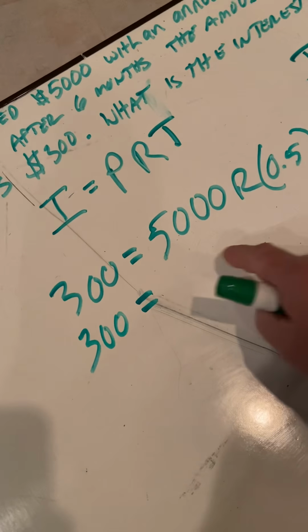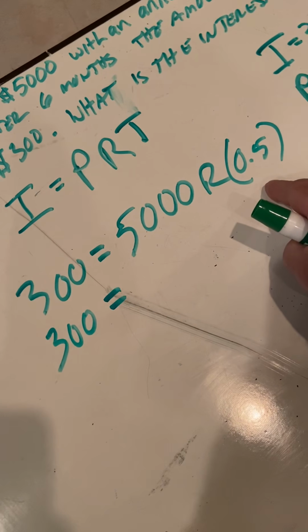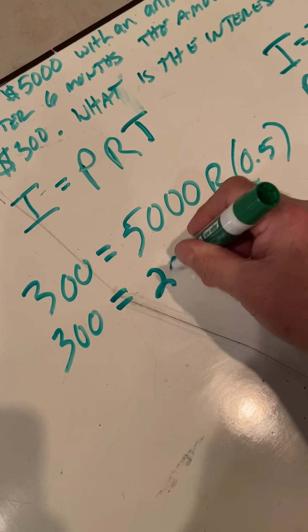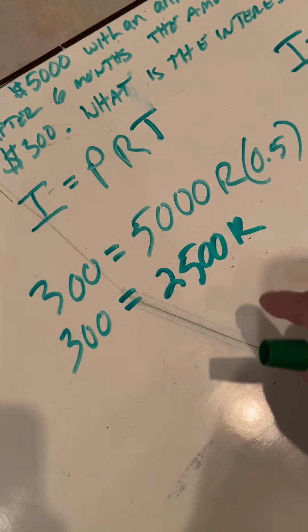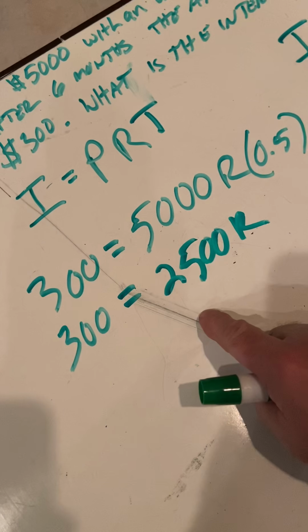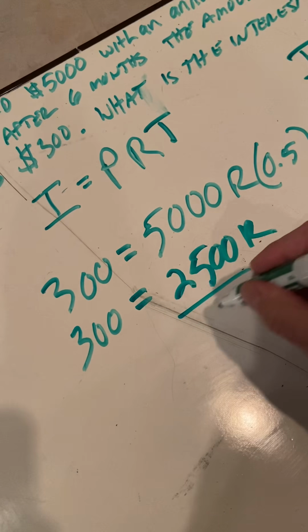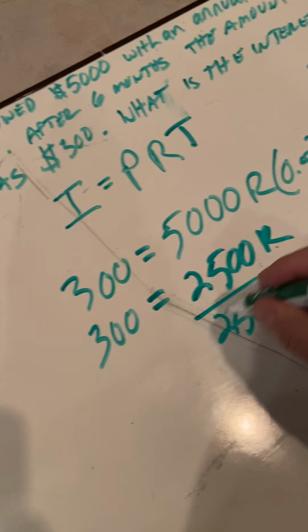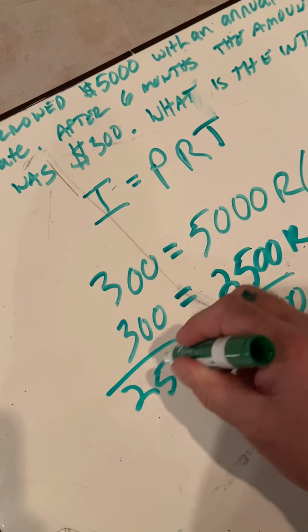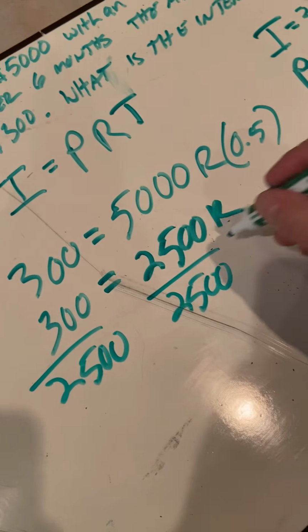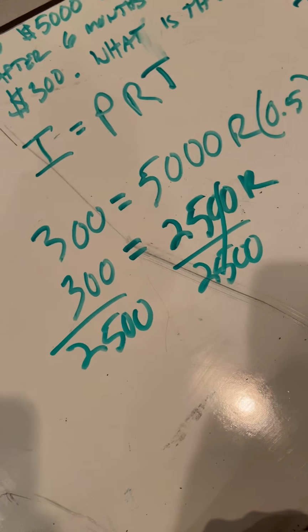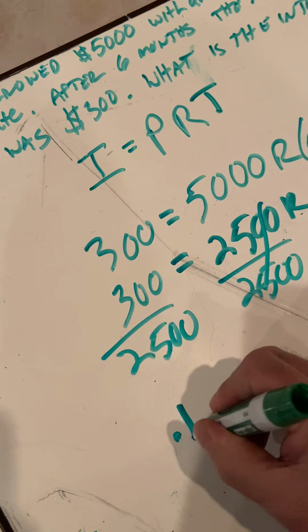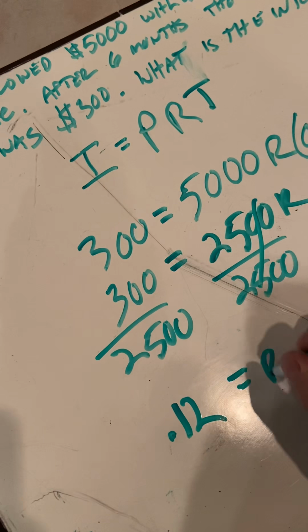Take our time. 5,000 times 0.5 is 2,500 R. Now we want to solve for R. We have to divide both sides by 2,500. Now if we divide 300 by 2,500, we're going to get 0.12 equals R.